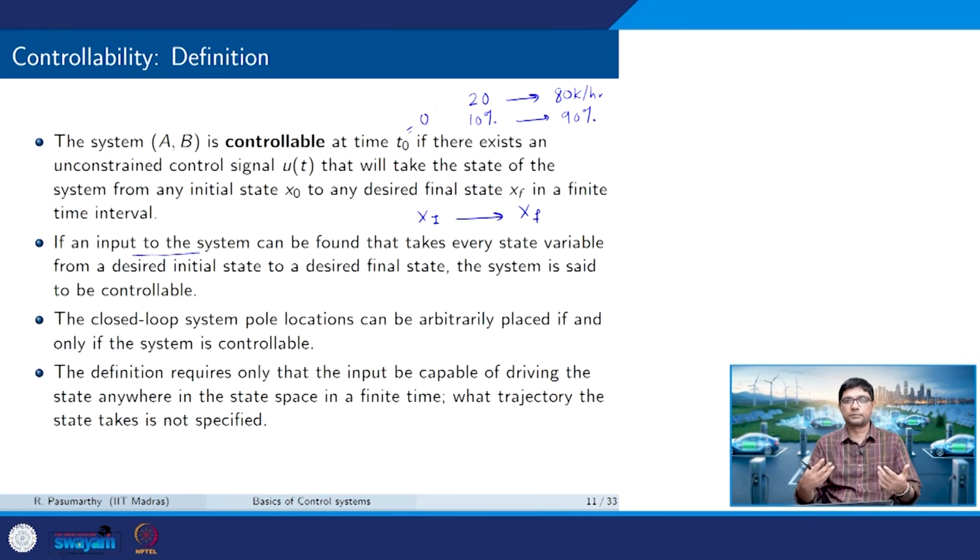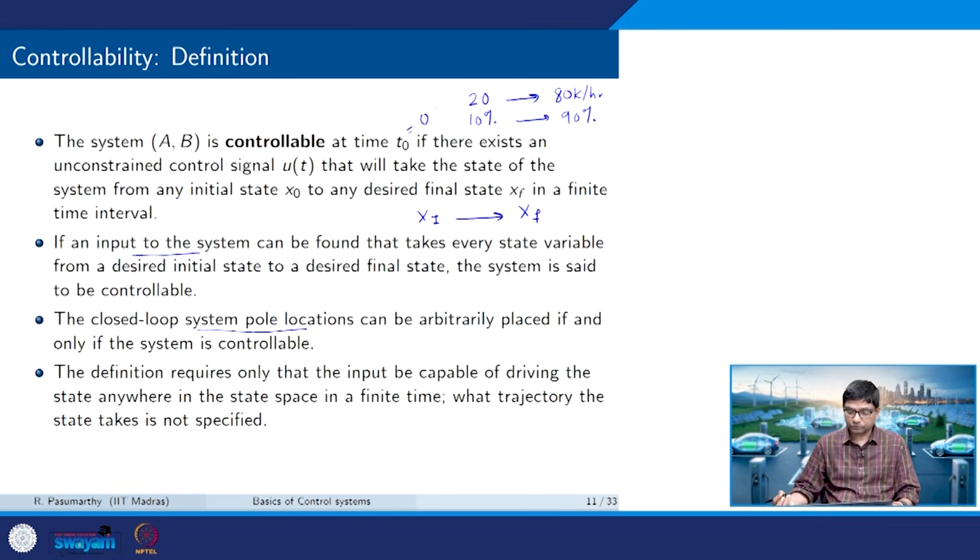I can control the speed, I can control the state of charge, I can control the currents, and through the duty cycle I can control the output voltage and so on. If the system is controllable, which also means, as we will see, that I can place the poles at arbitrary locations, I can maybe make the system respond faster, I can maybe eliminate errors and so on.